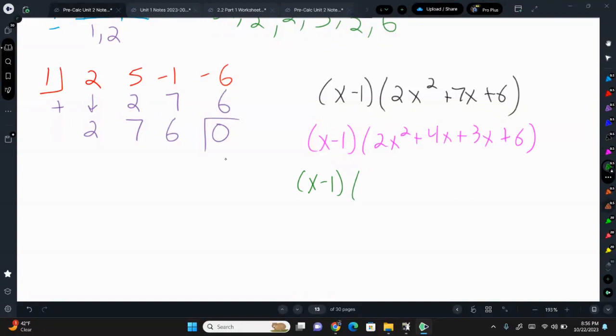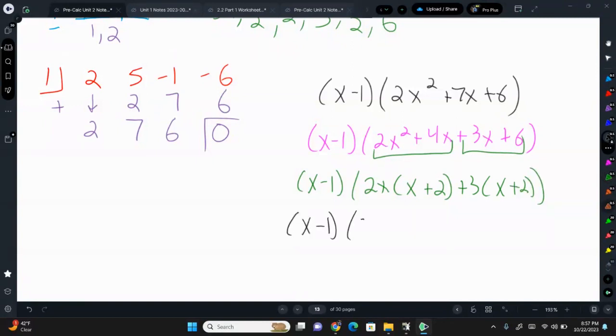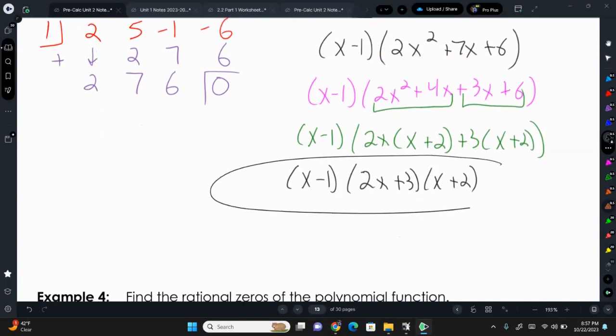Factor out a 2x, and we're left with x plus 2. Factor out a positive 3, and we're left with x plus 2. And then our final factored form will be x minus 1 times 2x plus 3 times x plus 2. And again, because it didn't say find the zeros, we're going to leave it just like that.